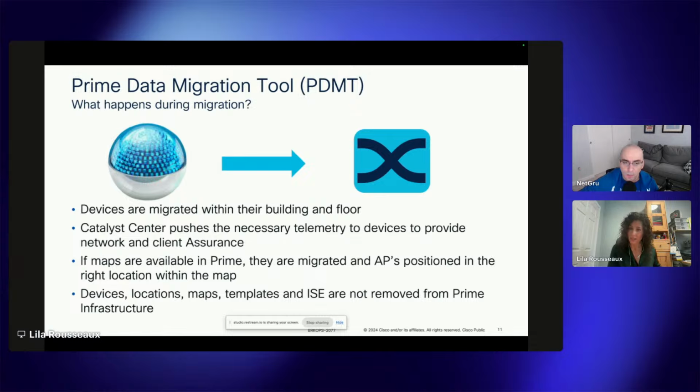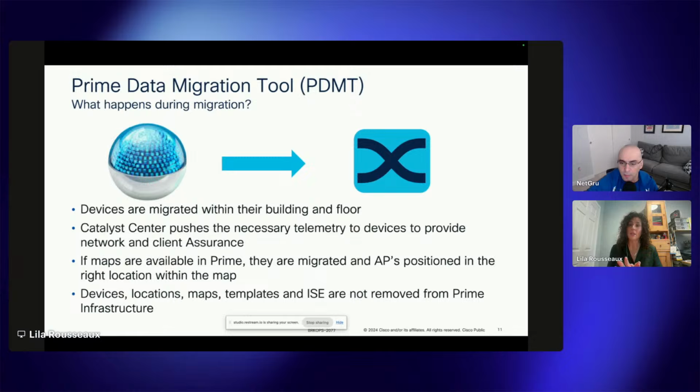What that means is that during migration, Catalyst Center is going to push telemetry config to those devices. So if for that action you need a maintenance window, then you need a maintenance window, because yes, we are pushing telemetry to those devices when that action happens.